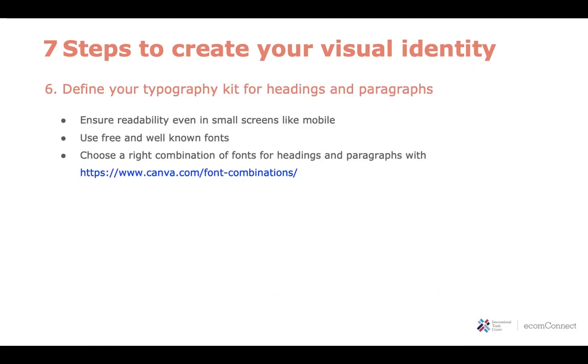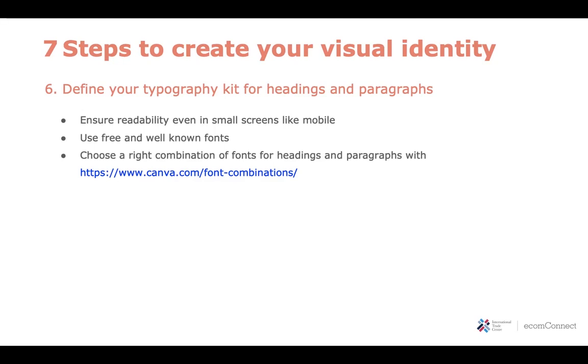So step number 6 is where we define the typography kit for headings and paragraph, for example, that you can use in your website or marketplace, or also in your social media channels, even in your packaging. So this is an important step, and we need to ensure the readability even in small screens like mobile.